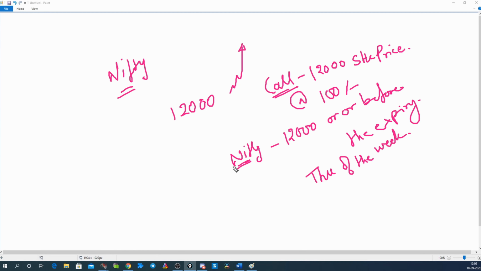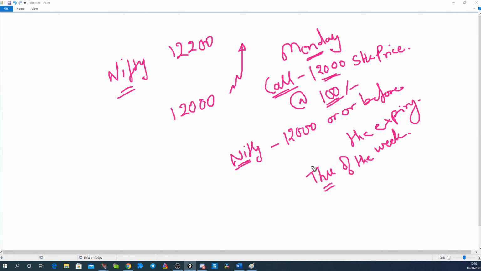So let's say you buy this option on Monday. So you have 4 days, Monday, Tuesday, Wednesday and Thursday, for this option to move higher and make you some profits. Let's say it's the expiry day and the market closes at 12,200.